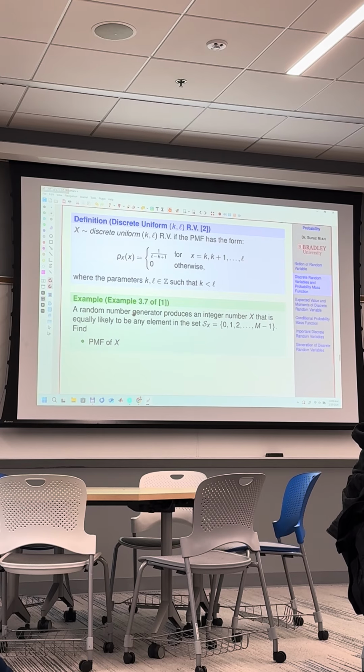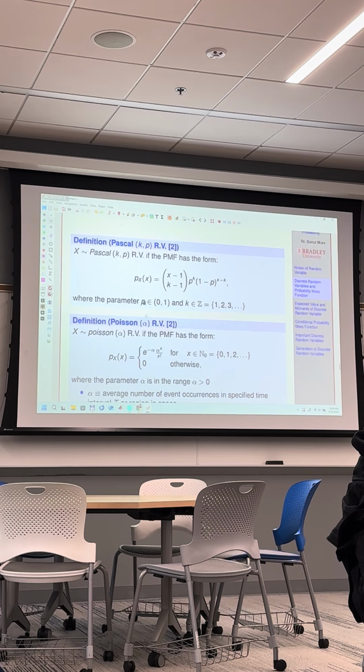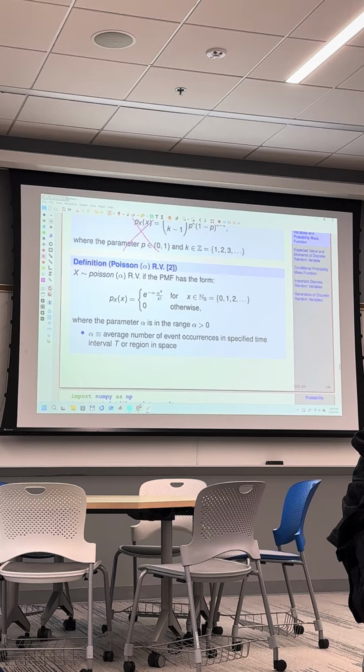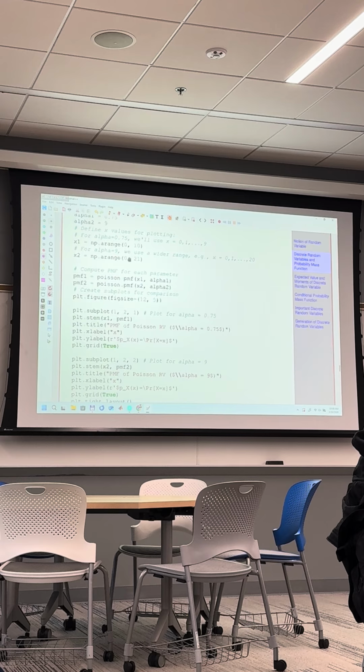All right, so we went through the discrete random variables in our last class, and we skipped the Pascal random variable. We went through the Poisson random variable that takes parameter alpha, where alpha is the average number of events. I have a fully functional piece of Python code as well.